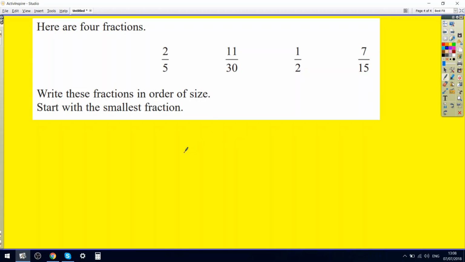Yeah. What would be a common denominator for all of them? So, wait, what's the common denominator again? So the number that you could get on the bottom for each of them. What number would work as a common denominator for all of them? 1.